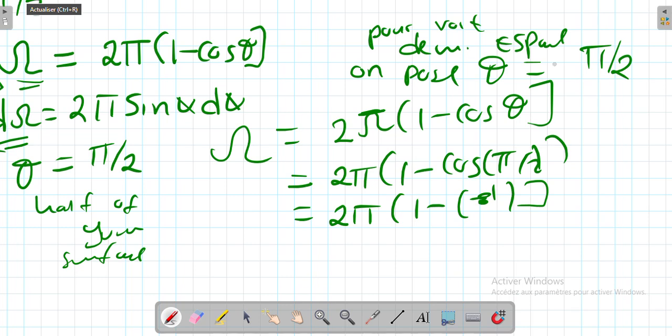Where is my calculator? Okay, I have it. Cos pi over 2. My calculator is right there. Degrees.